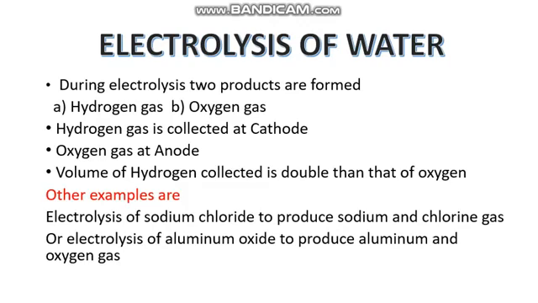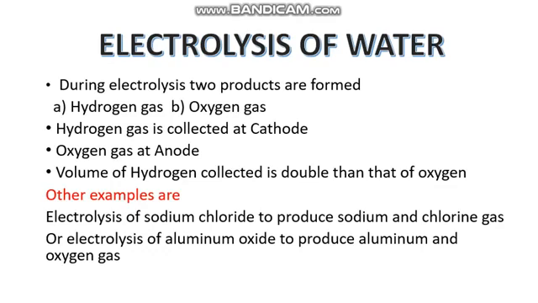Now in this electrolysis of water, the two products obtained, hydrogen and oxygen, are collected at different electrodes. You all know that electrolysis takes place in an electrolytic chamber. So the two electrodes are cathode and anode. Hydrogen gas is collected at the cathode and oxygen gas is collected at the anode.